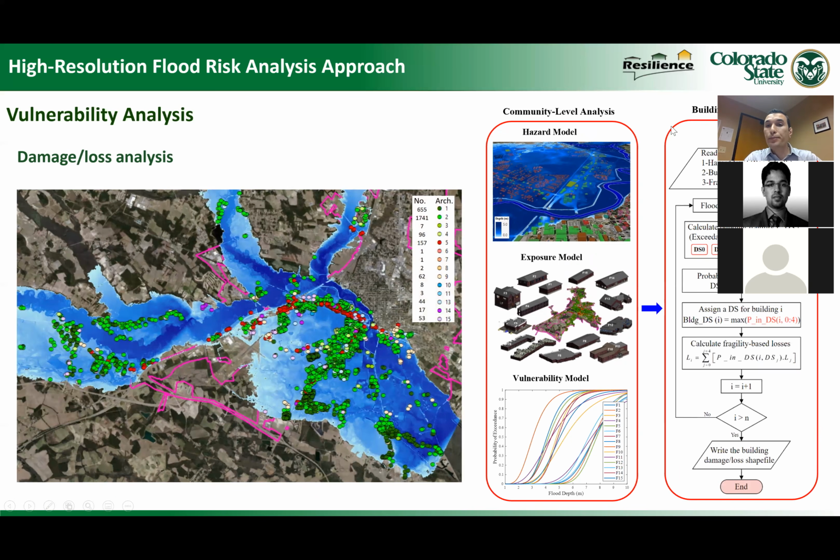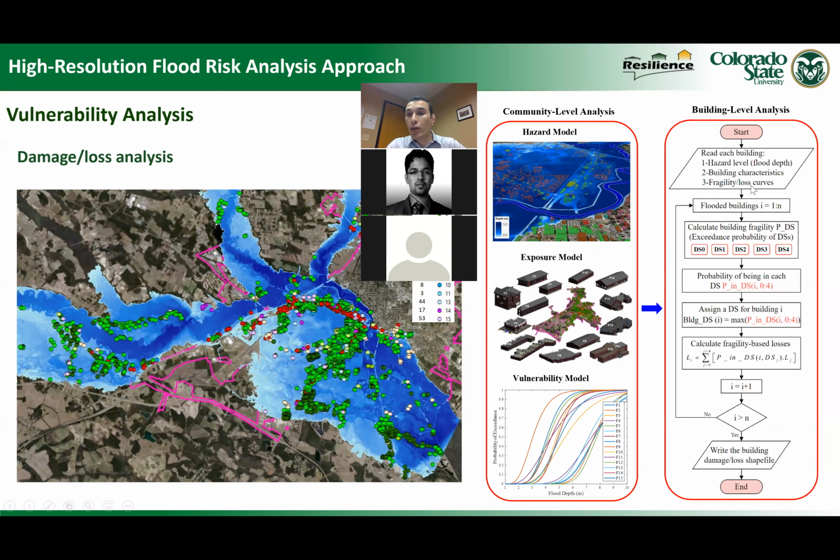Then we developed an algorithm that reads the hazard, exposure and vulnerability, and then goes building by building from 1 to n and calculates the exceedance probability of each damage state from 0 up to 4, and then calculates the probability of being in each damage state, and then assigns a damage state for each building based on the maximum probability. And we also calculate the loss associated with each building, and we did this for all the buildings.